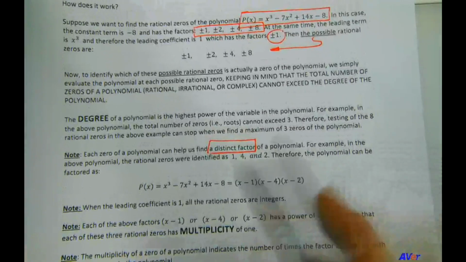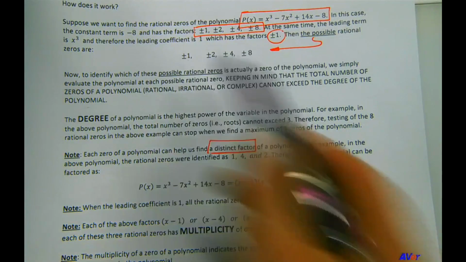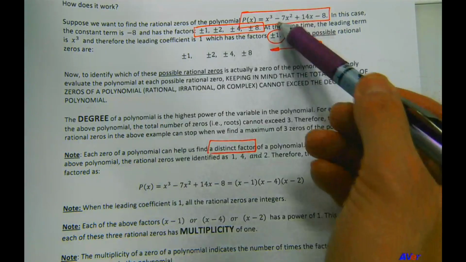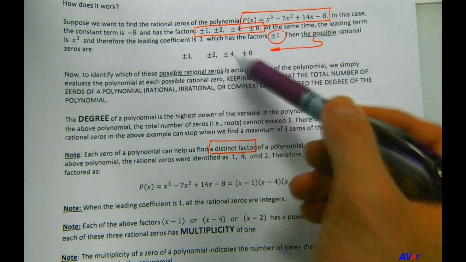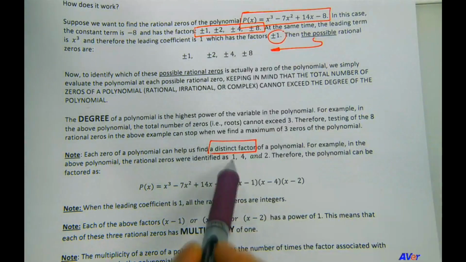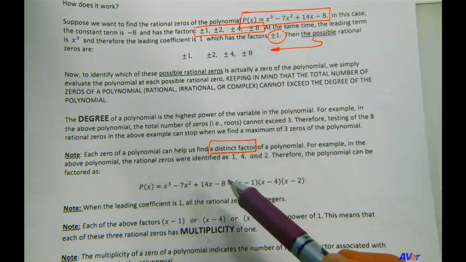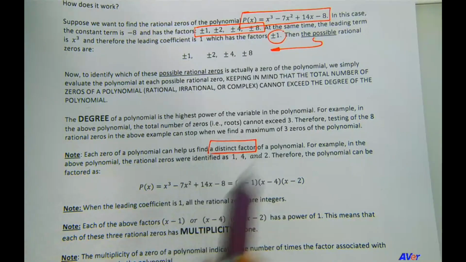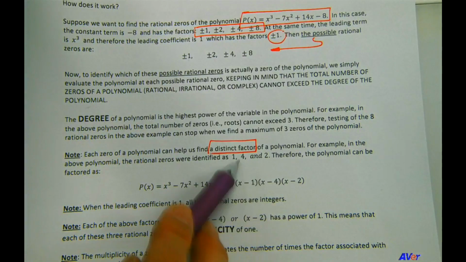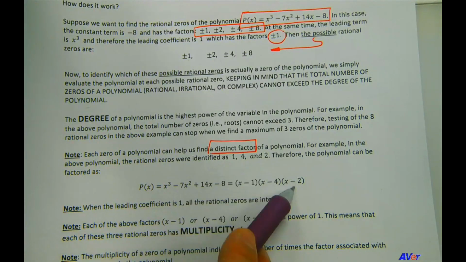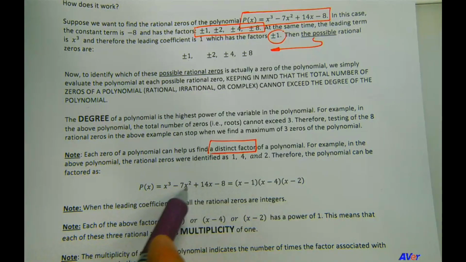So positive 1, positive 4, and positive 2 were tested in this polynomial, and it was found that those three numbers make the polynomial equal to 0. So if that's the case, then x minus 1, x minus 4, and x minus 2 are going to be the factors of this polynomial.